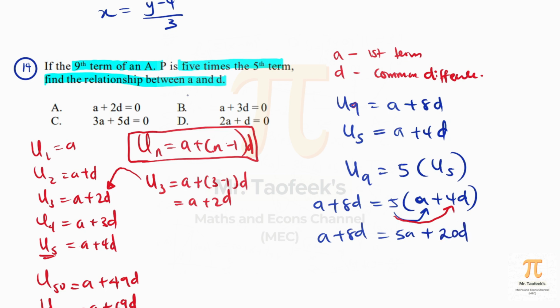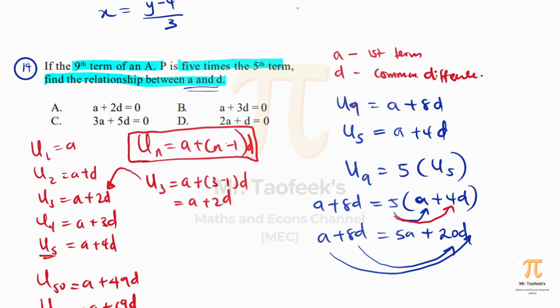But the question is saying find the relationship between A and D. So just basically, rearrange to have that kind of answer, okay? So to rearrange, what do we do? We've expanded, we have 5A plus 20D. So let's bring everything to one side. We can take these to that side and then these to the other side.